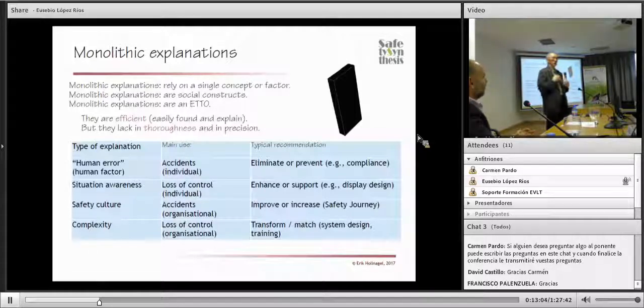We have an explanation. British Airways cannot say, we don't know why this happened. This is not acceptable to the public, to the company itself. We must have an explanation. It's very hard to say something happened and we don't know why. We always look for an explanation, and we prefer simple explanations.